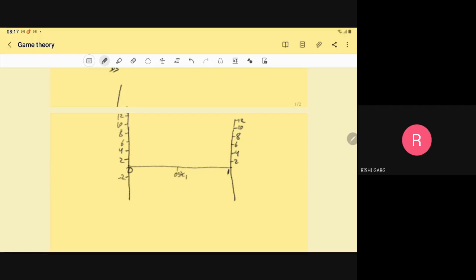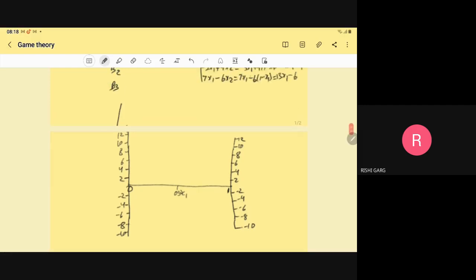Here we have minus 2, minus 4, minus 6, minus 8, and minus 10. Now you draw the first expected payoff.